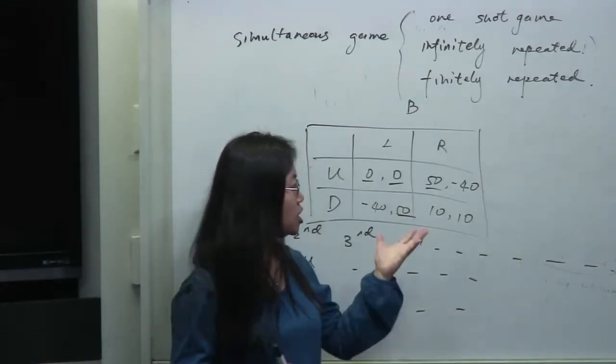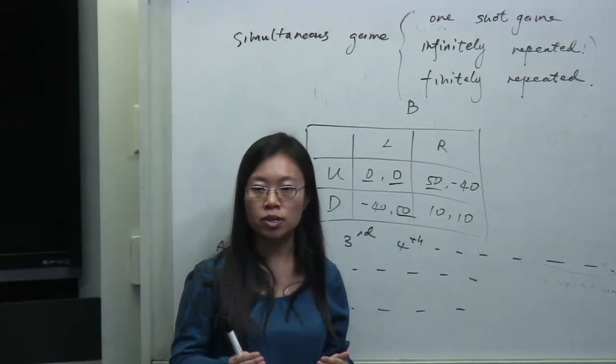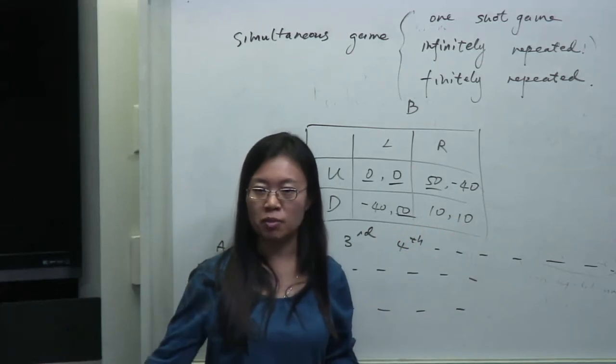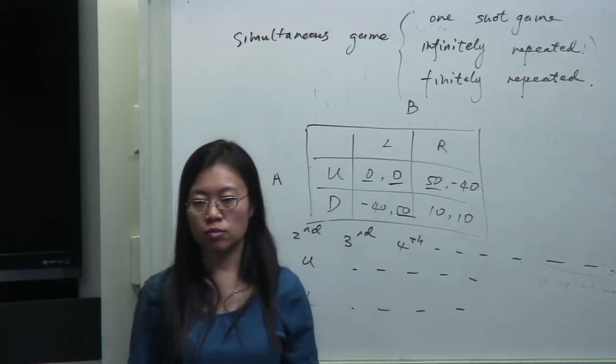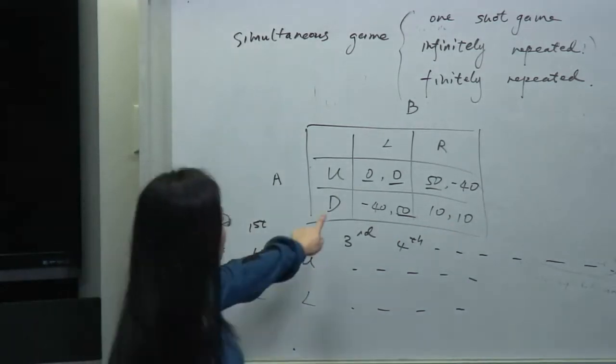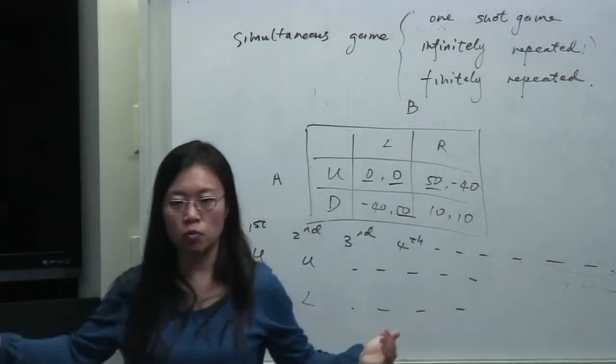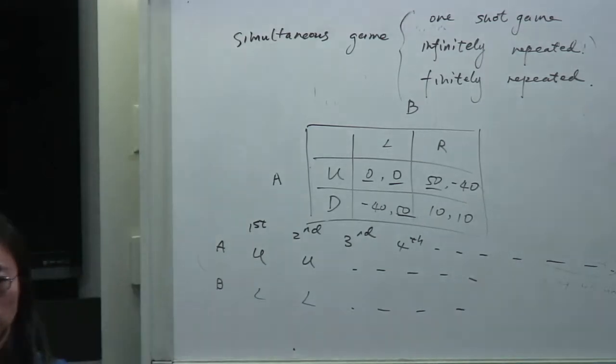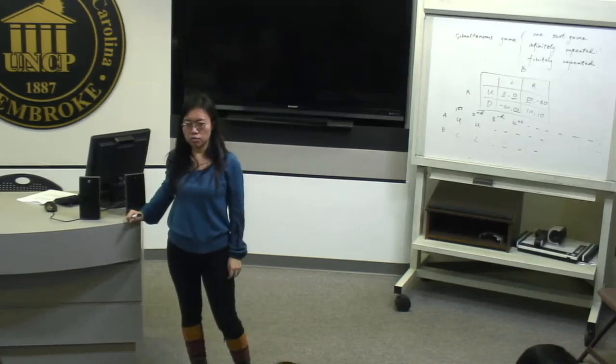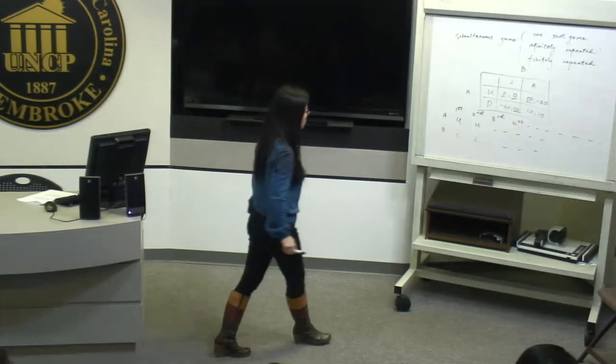But now we want to see whether this cooperation outcome can happen if the game is repeated many times. So we're trying to get to D and R. We're trying to see whether DR is possible in the repeated game.